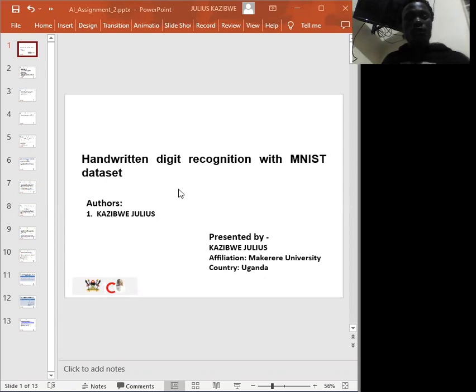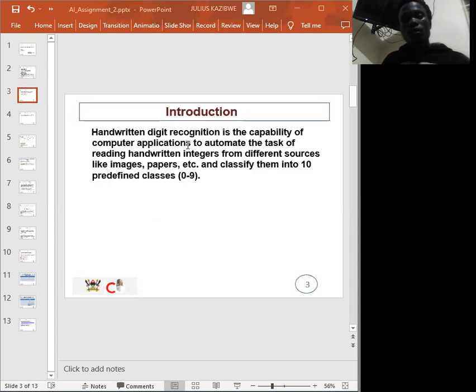I'm going to be discussing handwritten digit recognition with the MNIST dataset, plus some concepts of probability.